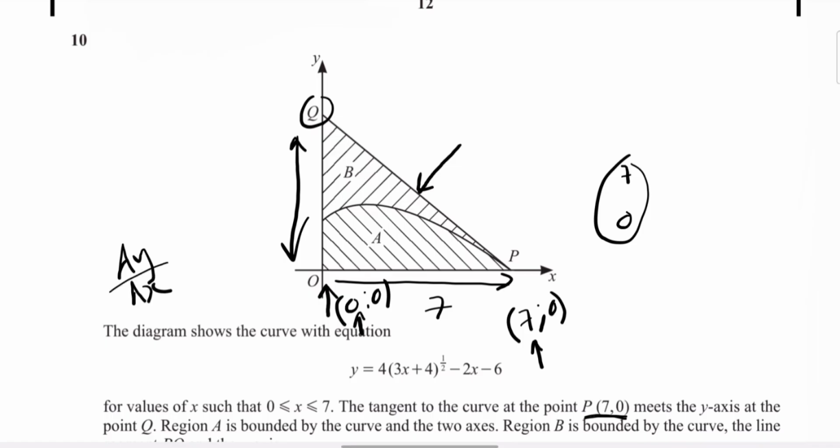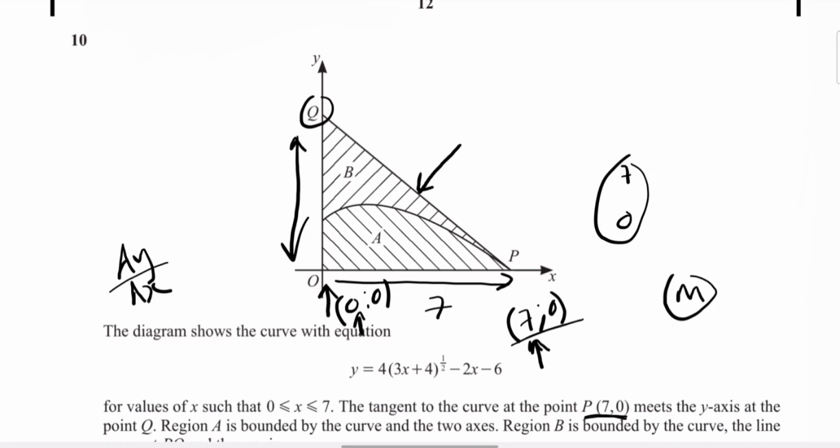and with that, we're going to substitute 7, because it is the x coordinate of P. By that, we're going to get the gradient of the curve at P, and we know that it will be the same for that of the line. Then we use that gradient and the point P to get the equation of QP.